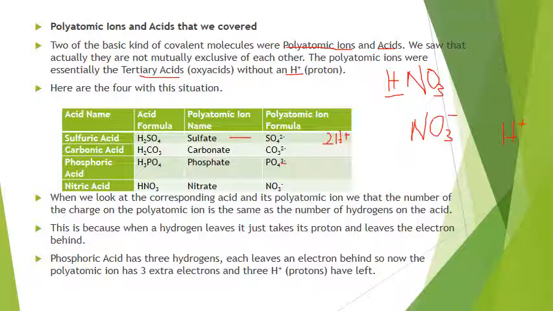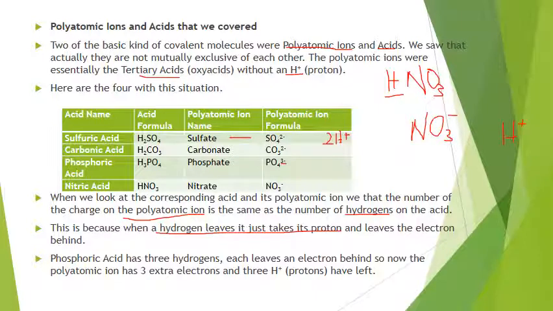When we look at the corresponding acid and its polyatomic ion, the charge of the polyatomic ion is the number of hydrogens in the acid. That's because the hydrogens take their protons and leave the electrons behind.